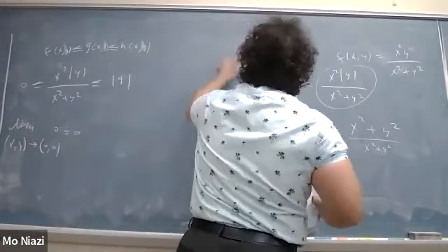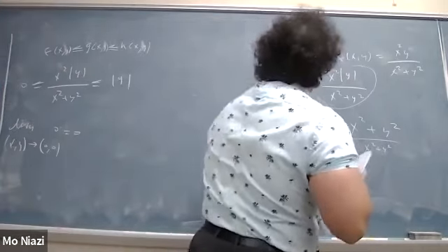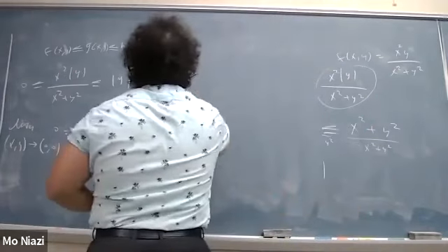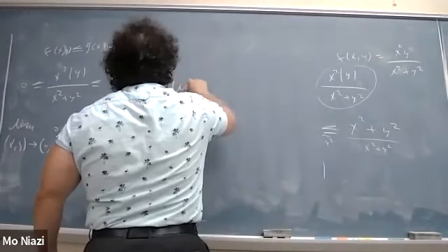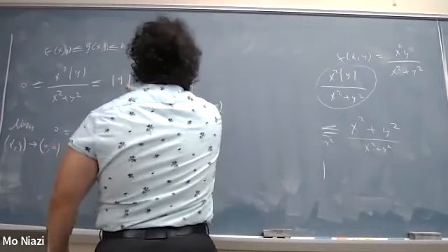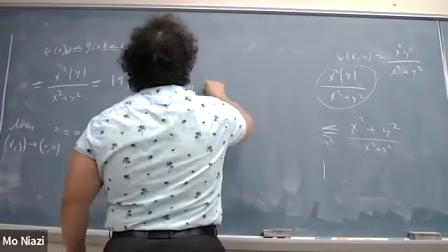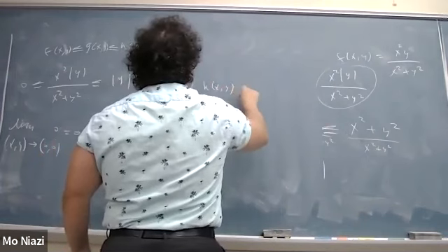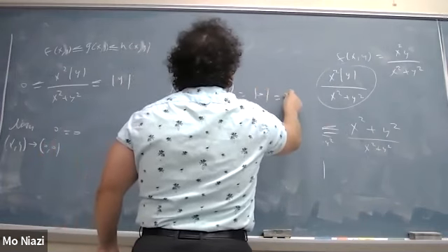Furthermore, notice that the limit as (x,y) approaches (0,0) of our h of x,y is just the absolute value of 0, which is 0.